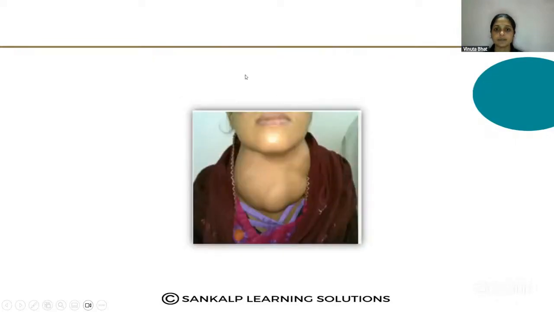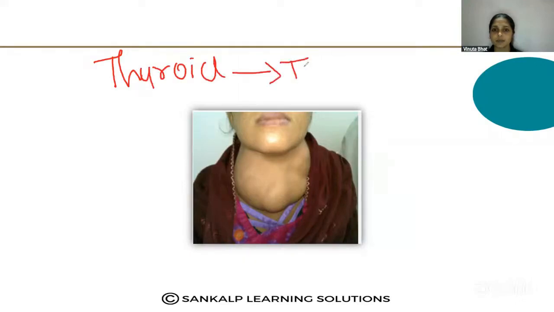Here you can see the disease. So here the thyroid gland secretes the thyroxine hormone. What is the function of this thyroxine hormone?